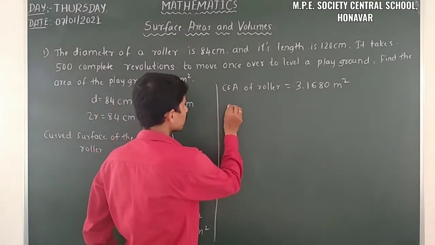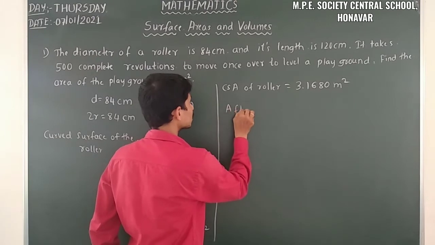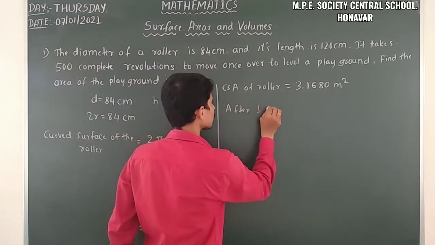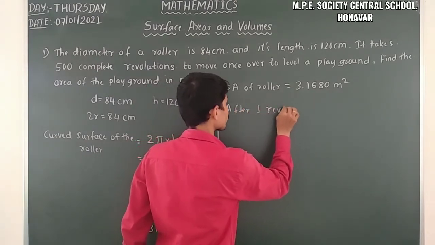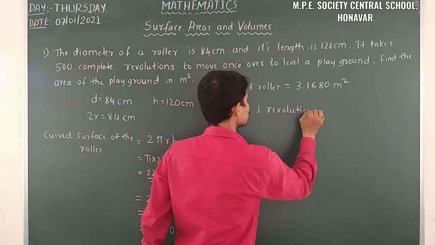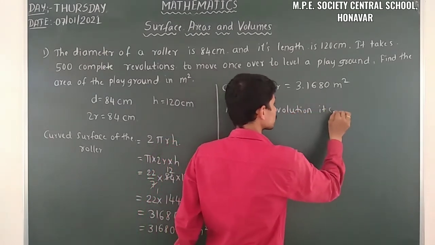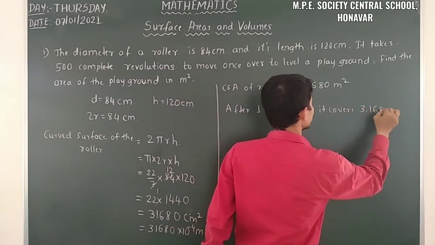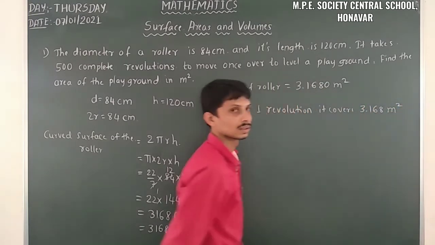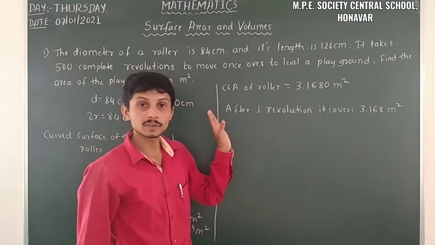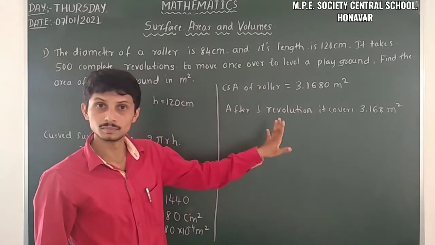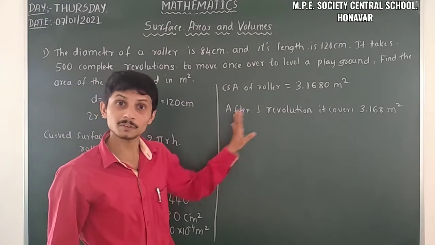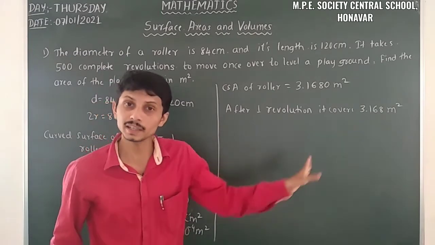So after one revolution, it covers 3.168 meters square. Then we have to find out 500 revolutions, that is, after 500 revolutions it covers the complete area of the playground.